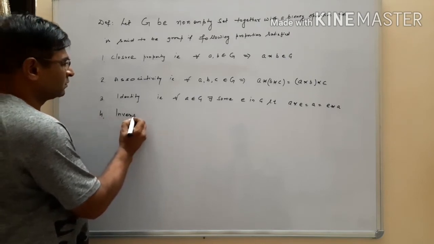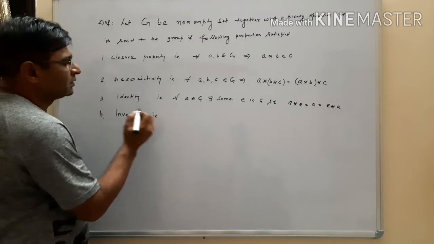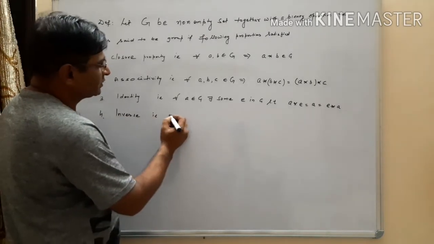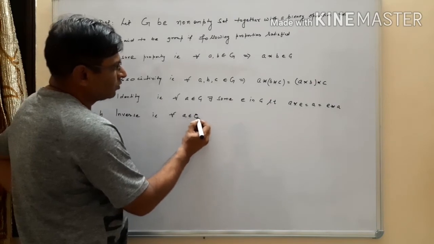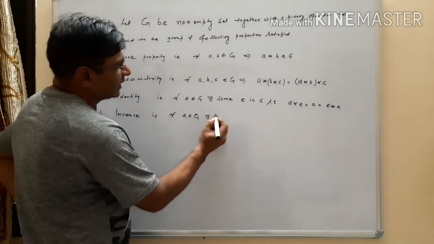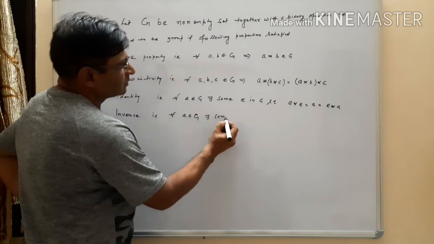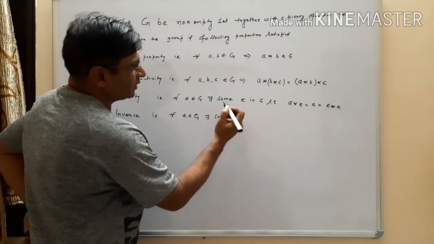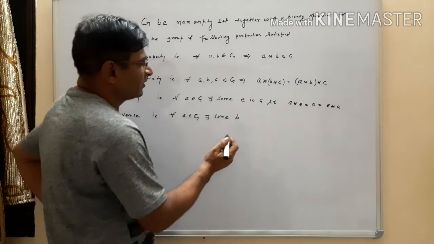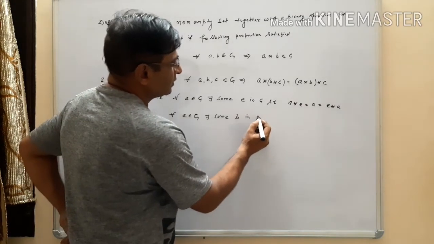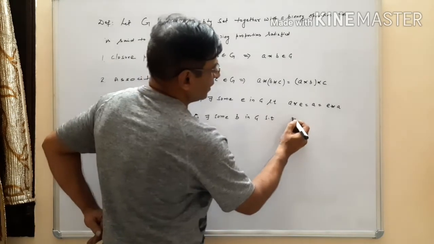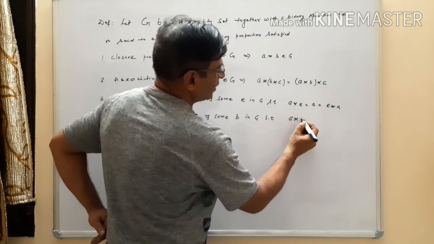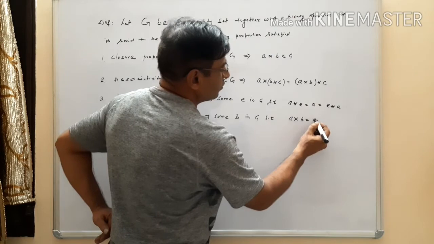Number 4, inverse. What is the meaning of inverse? For all A belong to G, there exists some B, a different element B in G such that A star B equals the identity.